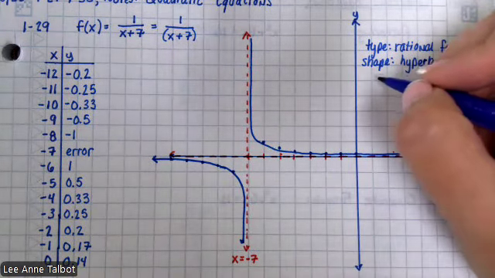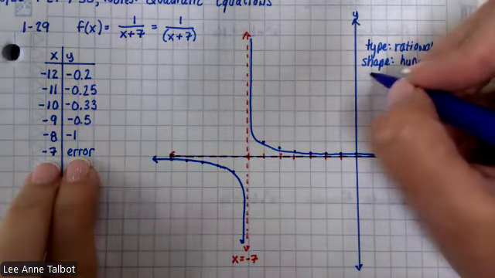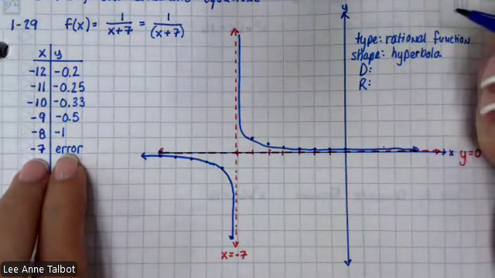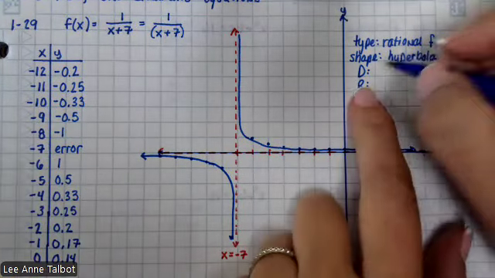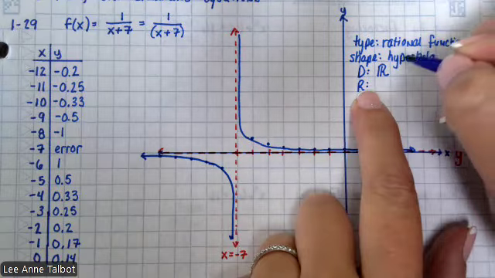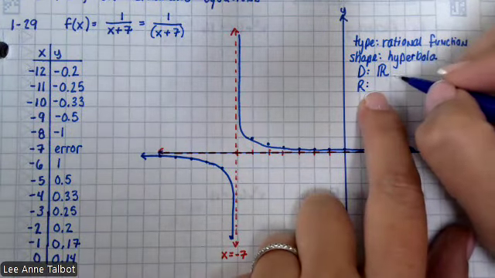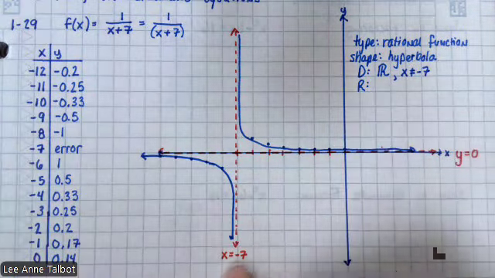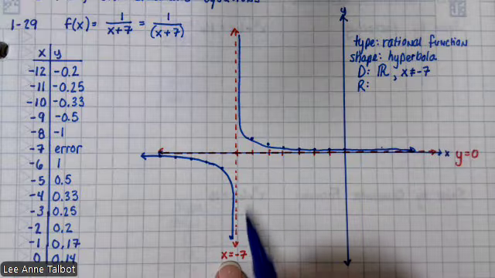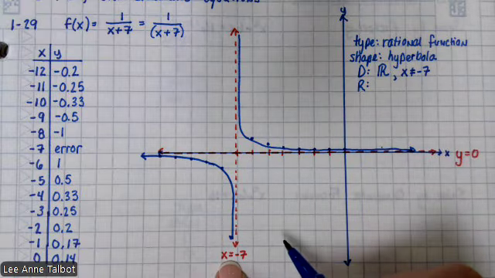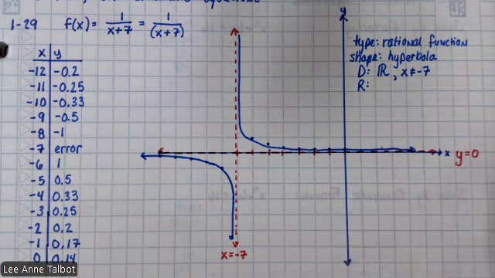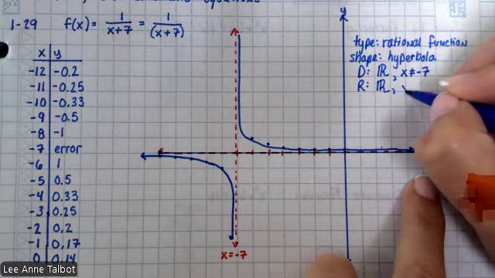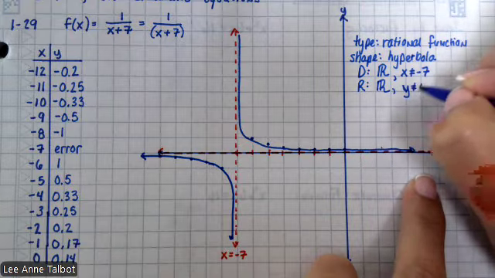Okay, now for the domain and range, this is easy. I like them. You're going to say the domain is all real numbers except x is not -7 because that's where your vertical asymptote is. And for the range, you're going to say all real numbers except y will not be 0.